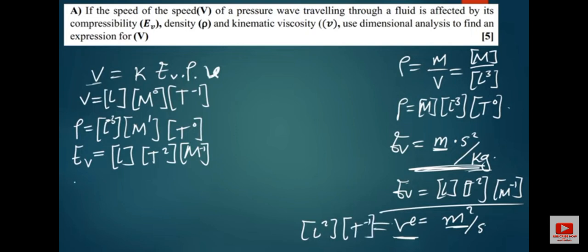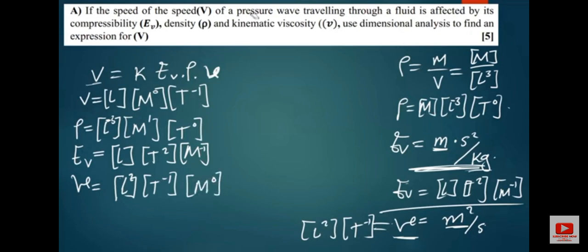Okay, so we have V, kinematic viscosity, and the dimensions we found are L to the power 2, T to the power -1, and apart from that we also have M to the power 0. Okay, so I found all the dimensions.